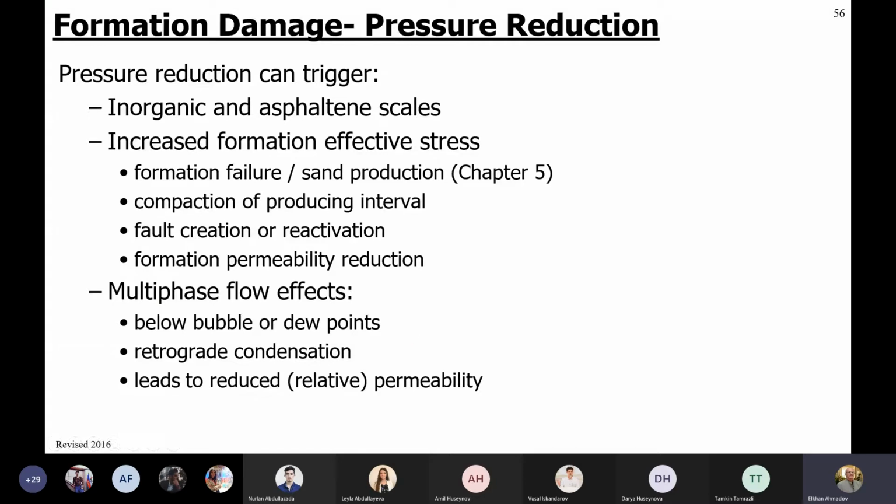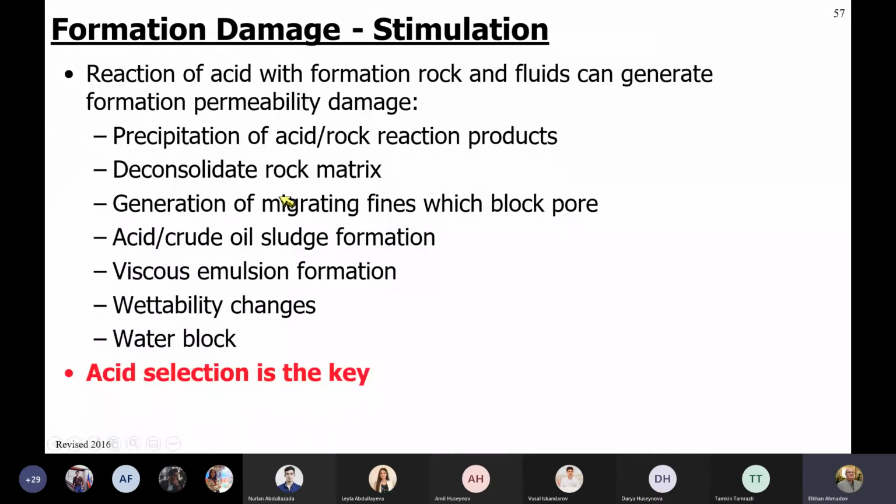Stimulation: again, precipitation of acid-rock reaction products, and consolidation of the rock matrix when the acid dissolves the cementing material of sandstones or carbonates, and these fines start migrating, blocking the pores.